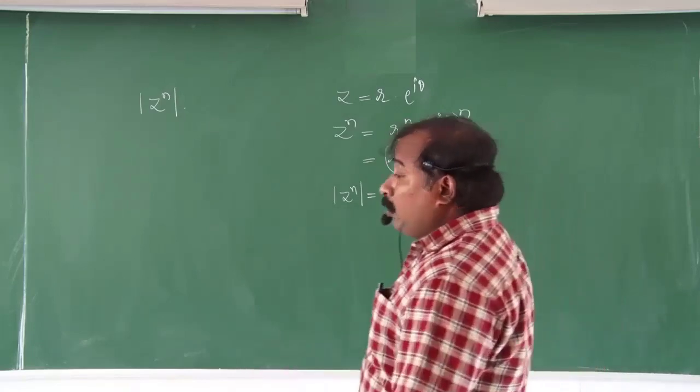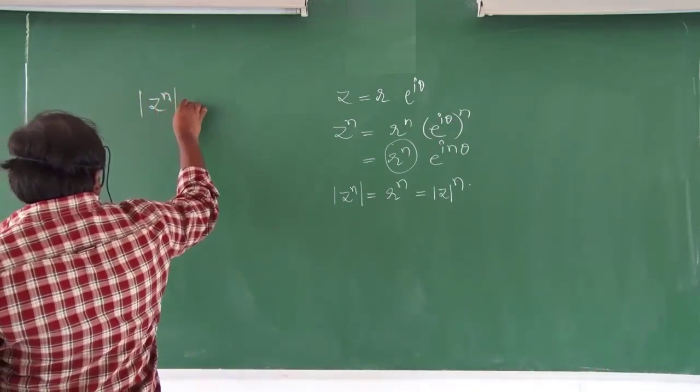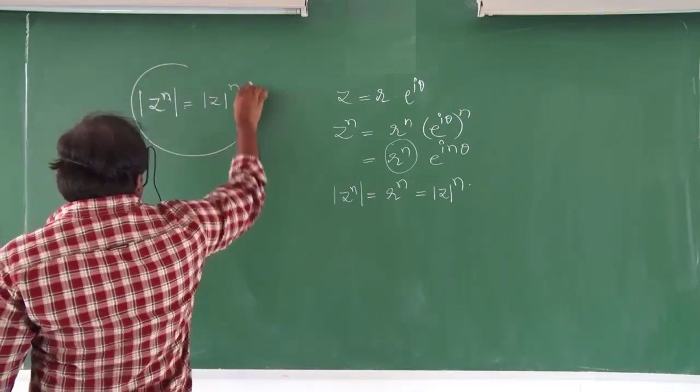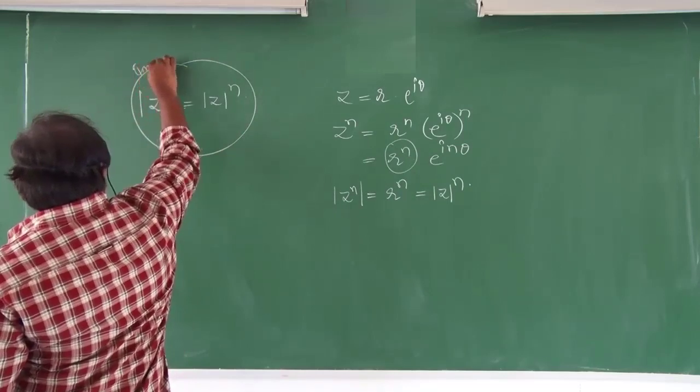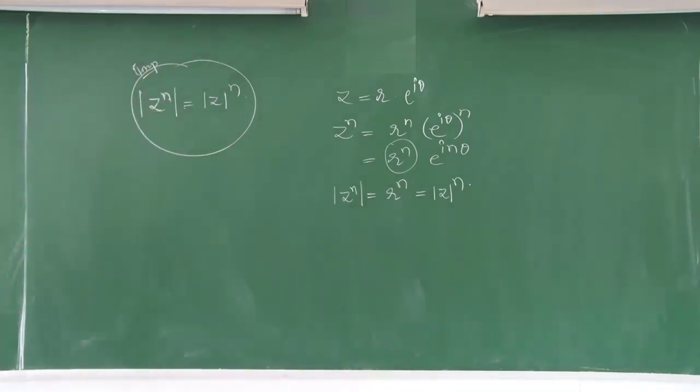So here one more point: modulus of z power n is equal to mod z whole power n. This is also one more point you can remember. Got it now? Next.